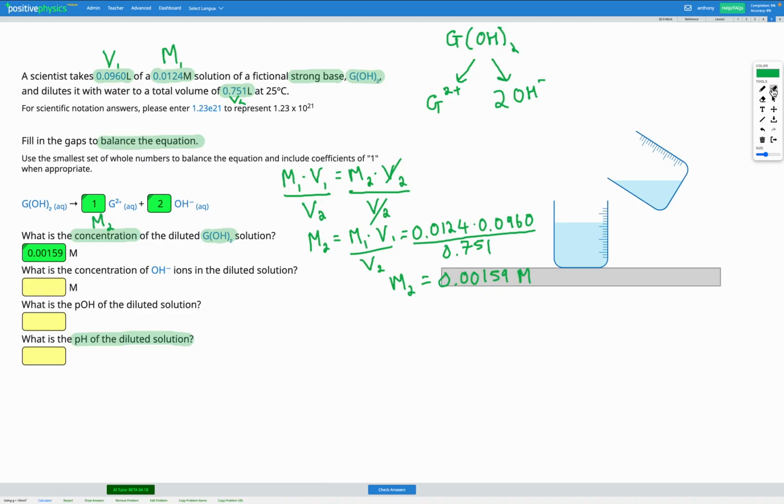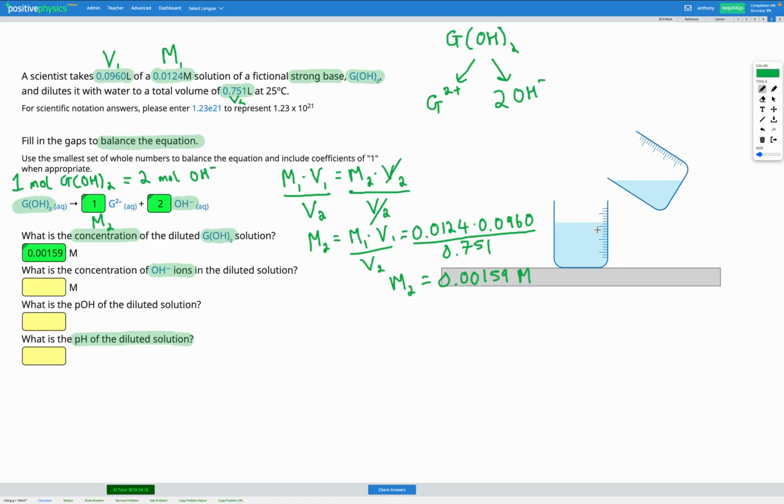Next step, what is the concentration of OH- ions in the diluted solution? So we know the concentration of GOH2. We're trying to find the concentration of hydroxide ions. Based on our equation, for 1 mole of GOH2, we have 2 moles of OH-.